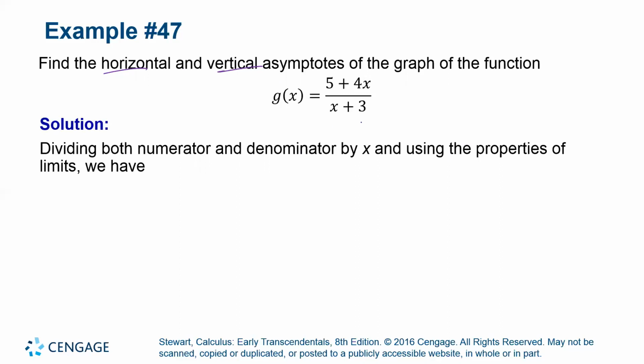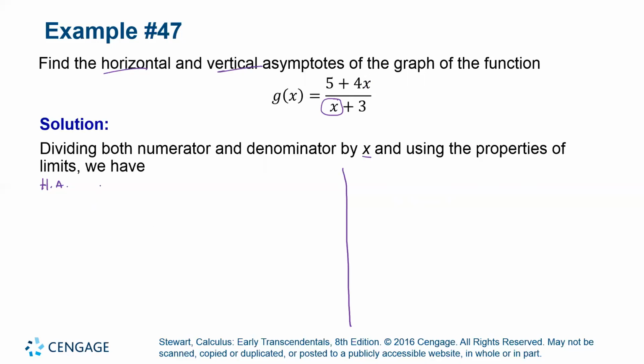First we want to look at the horizontal asymptote. So we're going to divide both the numerator and denominator by x in the denominator, not the top.